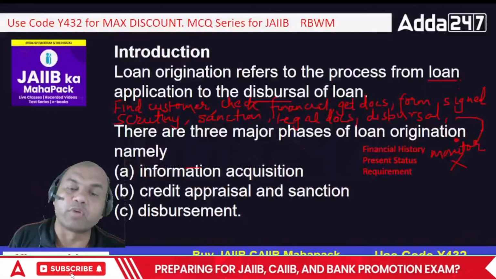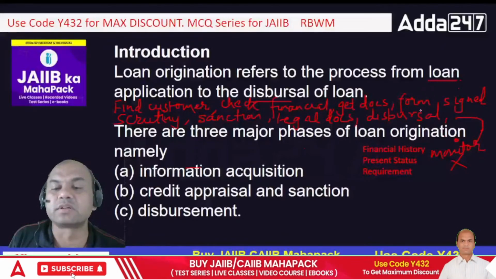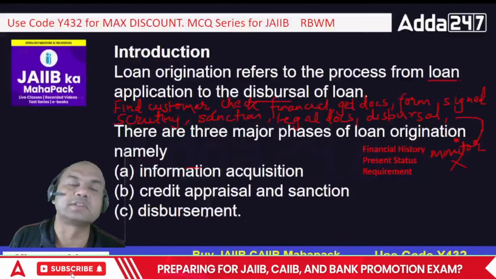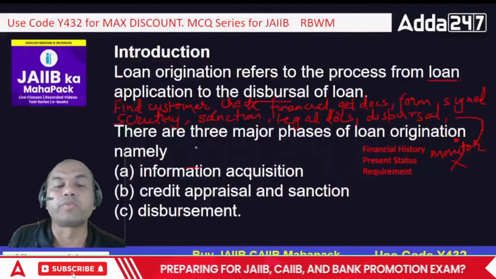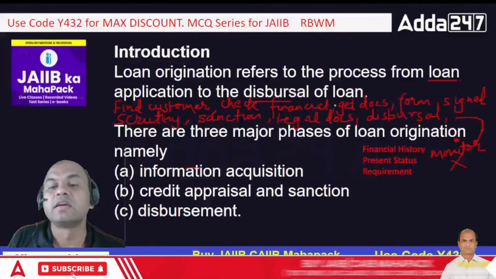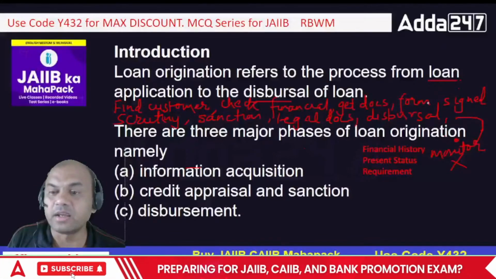So now what we'll have to do is divide all these points which we discussed earlier, segregate them or classify them into these three stages. So finding the customer, checking the gross level financials, getting the documents, form signing, okay.